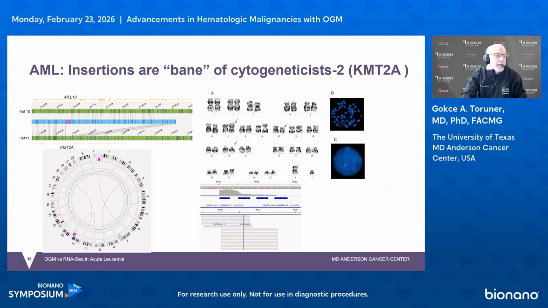Moving on. Now, another insertion concerning KMT2A, but currently the discrepancy is not between OGM and other techniques, but between FISH and cytogenetic assays and the molecular assays. Because neither FISH nor chromosome analysis indicated the KMT2A MLLT10 fusion detected by the molecular assay.